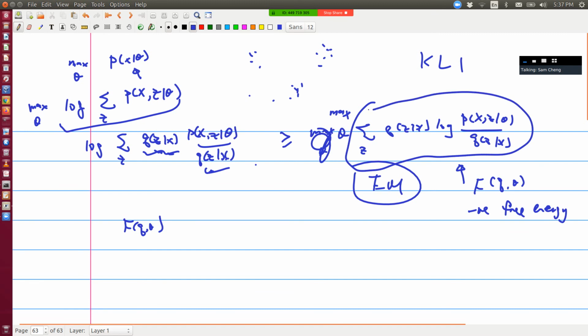I can write this as the sum of Q(C given X) times log P(X, C given theta), and I can just split that, so minus Q(C given X) times log Q(C given X), and let's see.